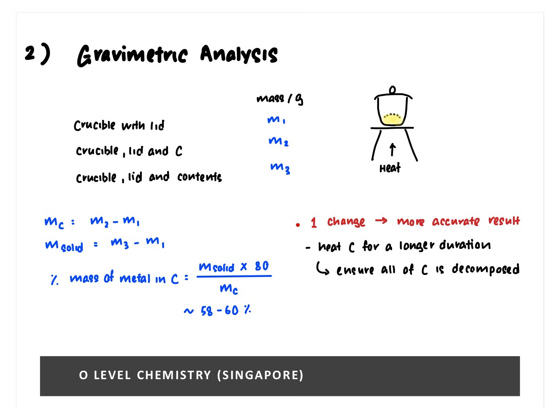Okay, and if we were to want you to calculate from scratch, then we would have to tell you that C is zinc carbonate. Right? So to avoid that, because of the coupling of your gravimetric analysis and qualitative analysis, the examiner had no choice but to give you a formula, and then all you need to do is to substitute the values in the formula, which makes the question a lot easier.